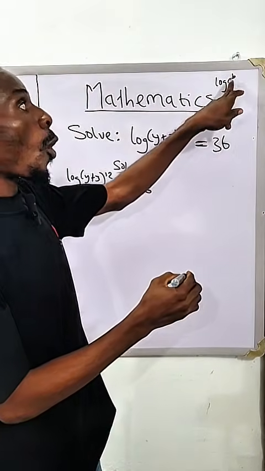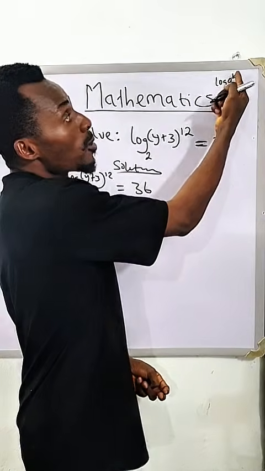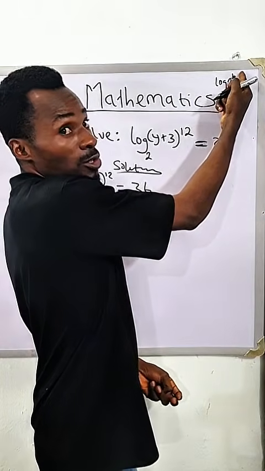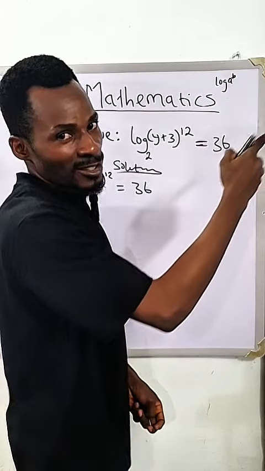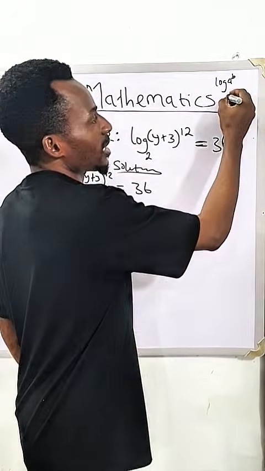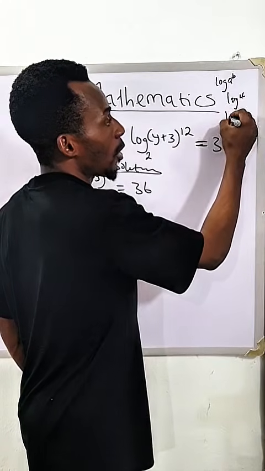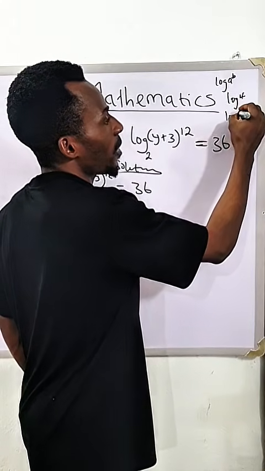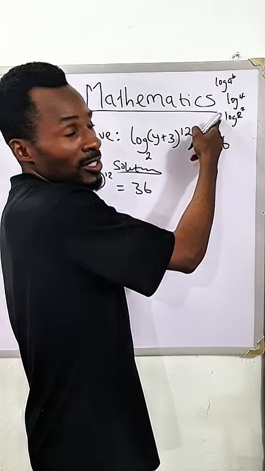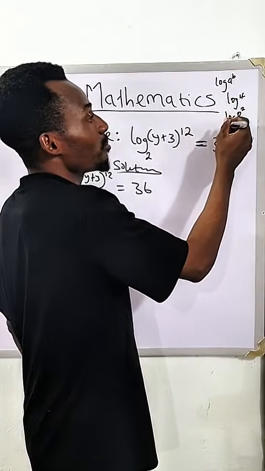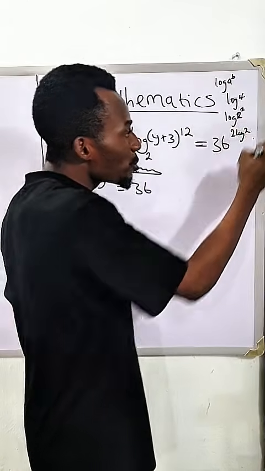You are seeing that this log is raised to another power. If it is raised to another power, we will carry the power to the front, and it will be multiplying. Do you understand? Let's assume log 4 is the same thing as log of 2 raised to the power of 2. I can carry this 2 back, and it becomes 2 log 2.